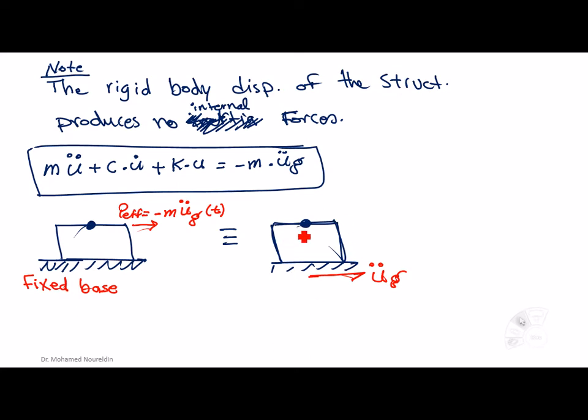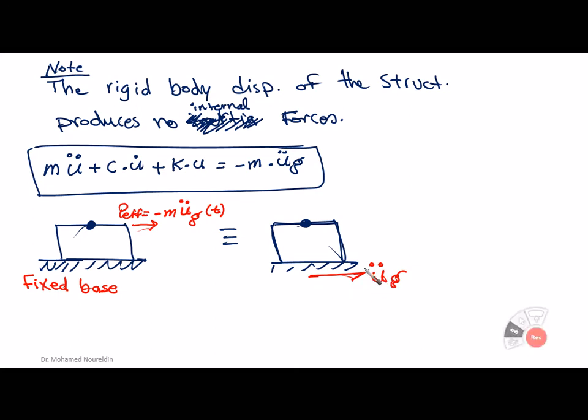So this means that if we have a mass in a system and there is an earthquake excitation, as you can see here, this system is equivalent to the same system with the same mass, as if the base is fixed and we apply a force at the level of the mass. This force equals minus m u double dot g of t.